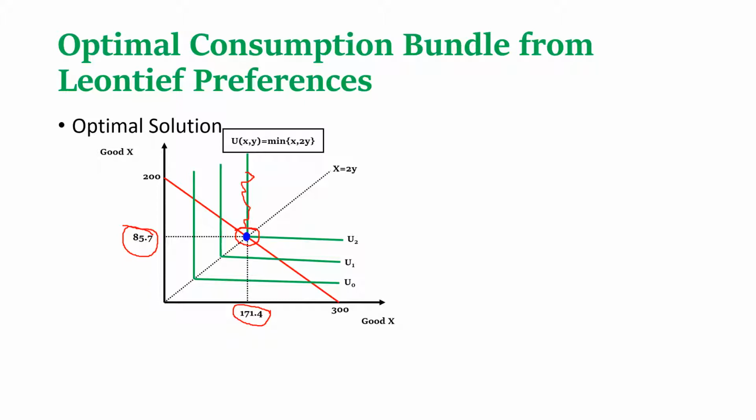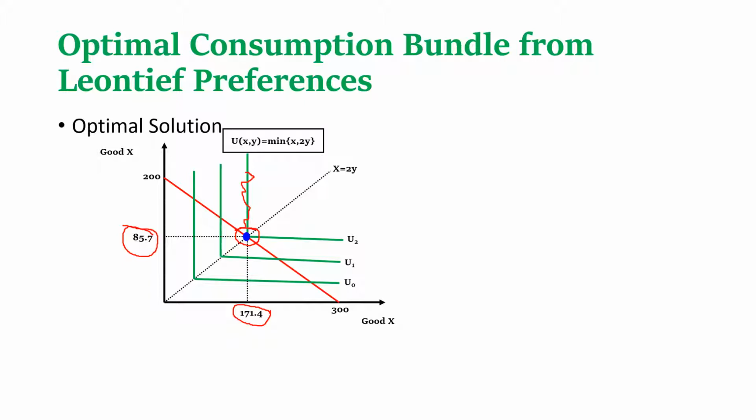Now you see the ray, the 45-degree line. The 45-degree line represents the fixed proportion of the two goods consumed. Now we say x equals 2y. So the consumer gets twice as much of good x. X is 2 times that of y.